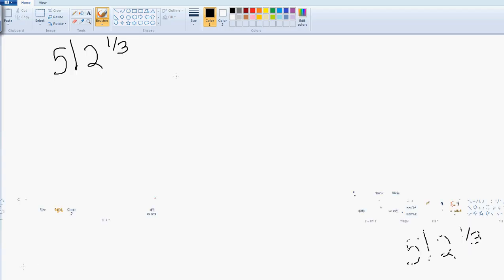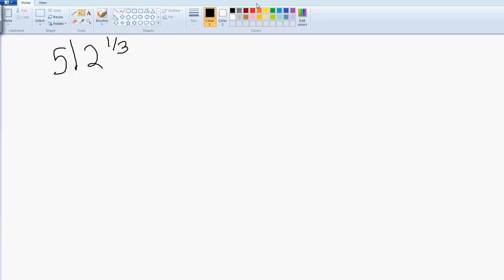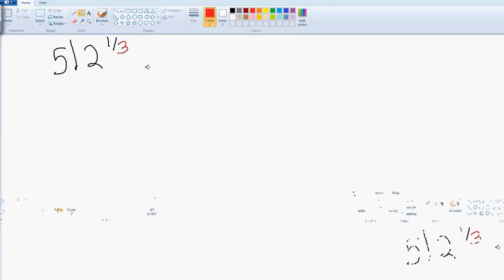That means we are trying to find something which multiplies by itself 3 times in order to get 512.